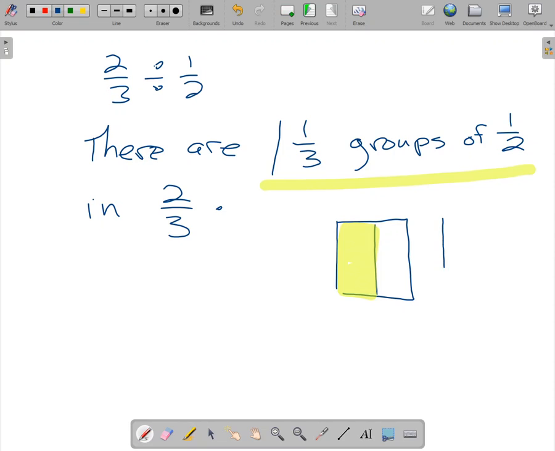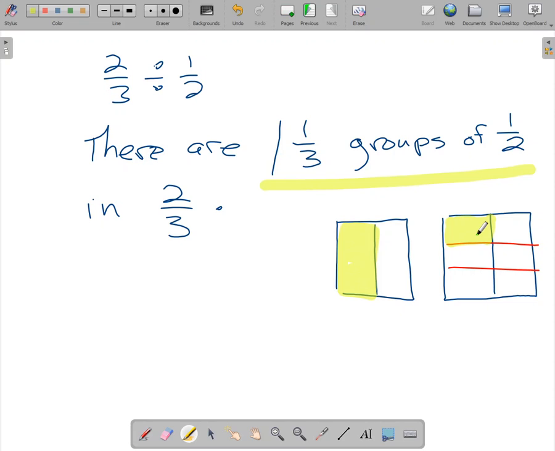Let's see. So I don't want the whole group, so I'm going to have to slice this a little bit maybe. So would this right here be 1/3 of a group of 1/2 right there? No, you would need another one, right? It would be 2.